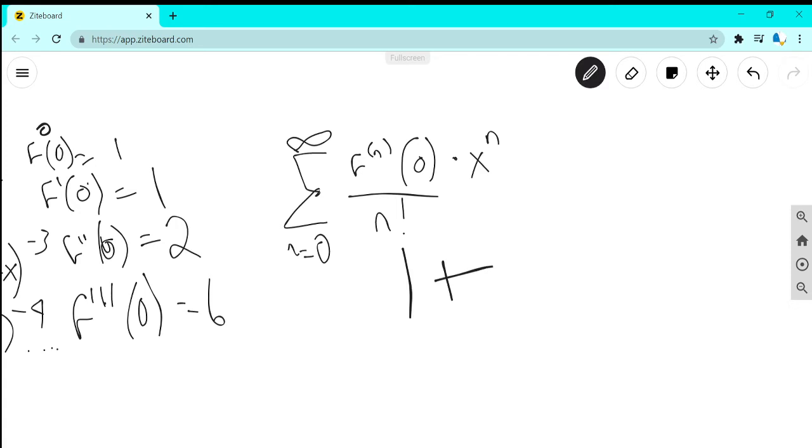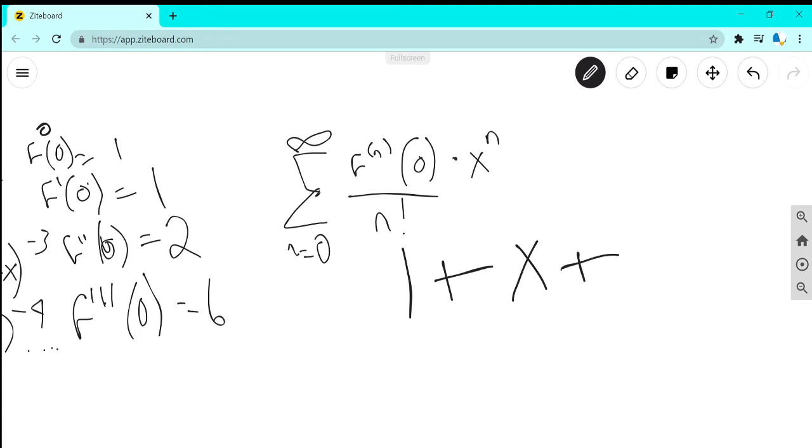The second term is technically the second term in our series, but when you start a Maclaurin series, you start with the 0 term instead of the first term. So when n is equal to 1, the derivative is 1 over 1 factorial, which is 1, times x to the 1. So that just gets you x.